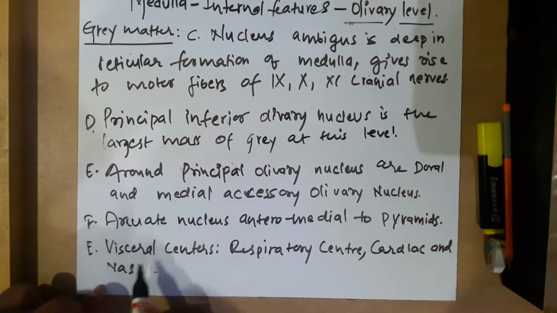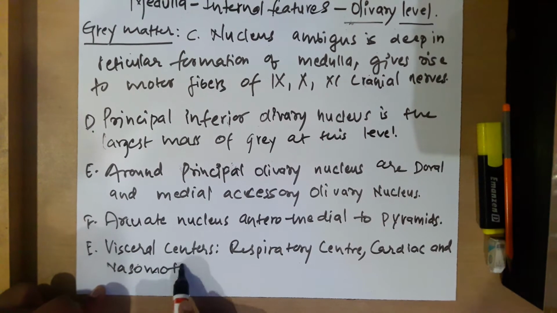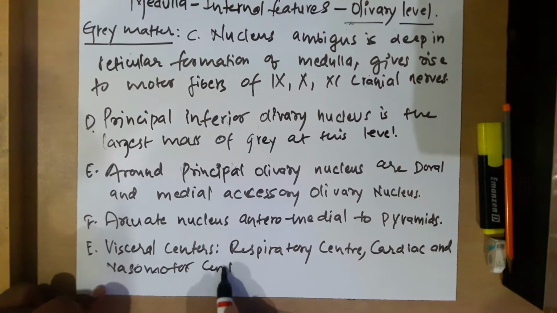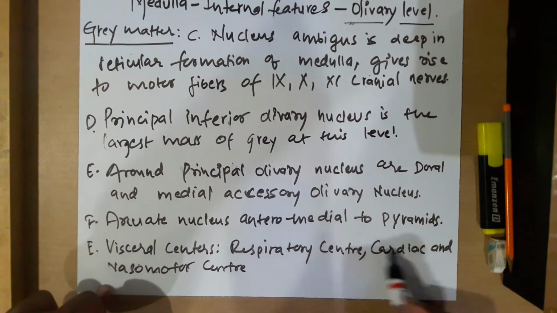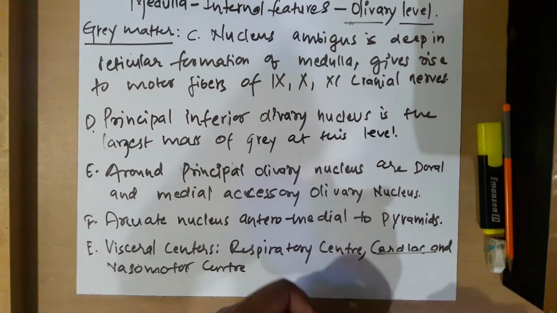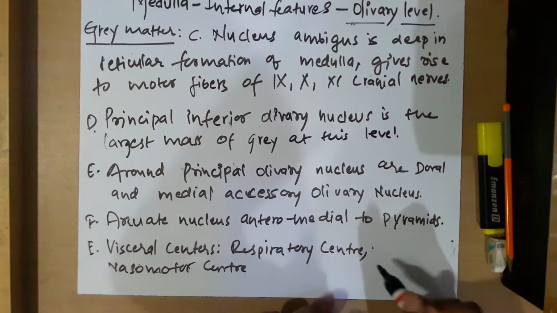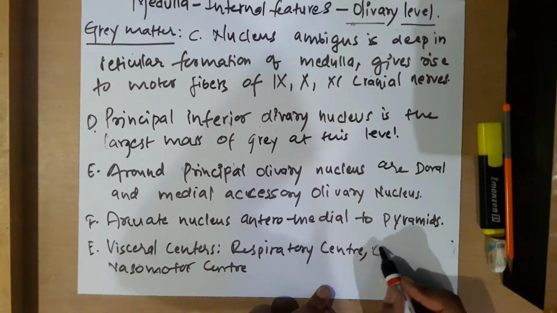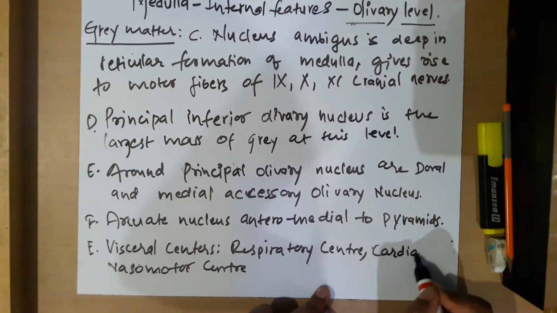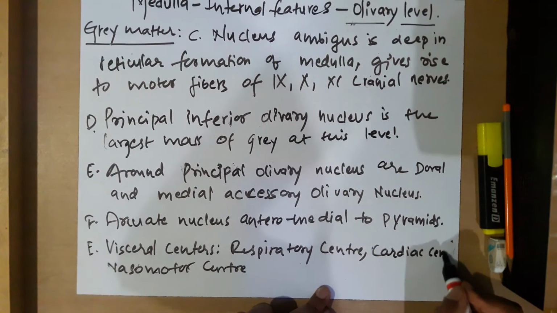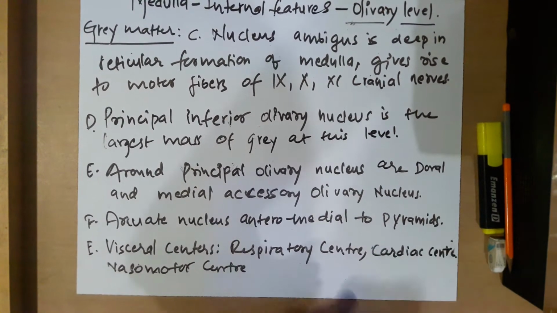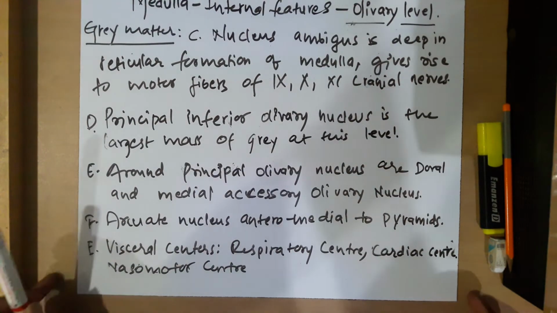The cardiac center is for regulation of heartbeat, heart rate, and the vasomotor center is for regulation of blood pressure. So this is about gray matter.